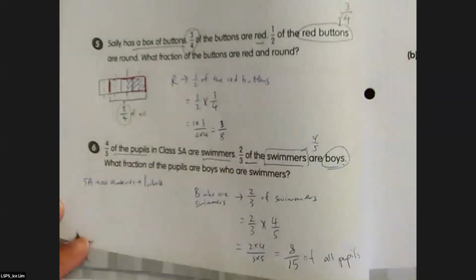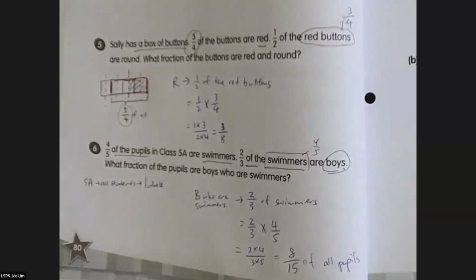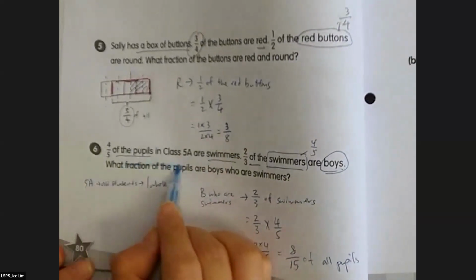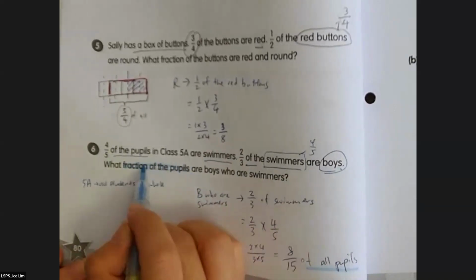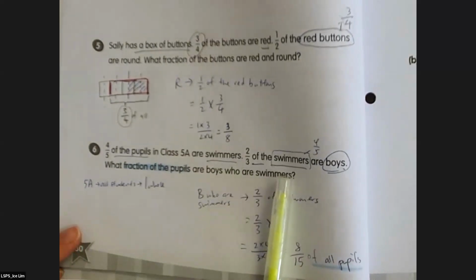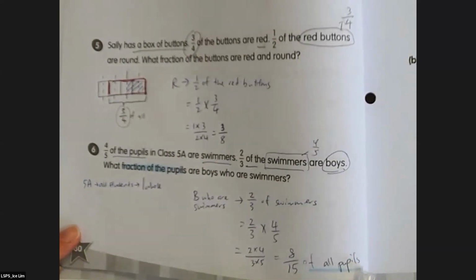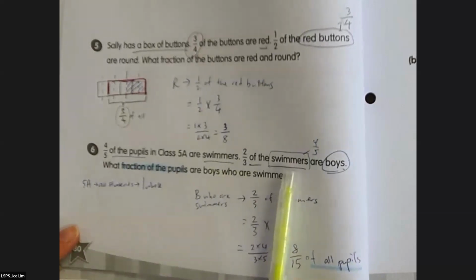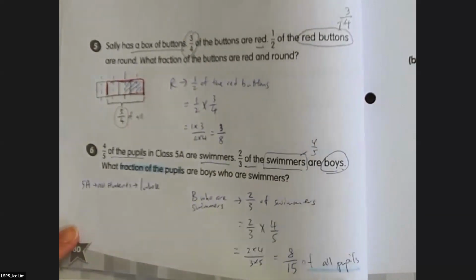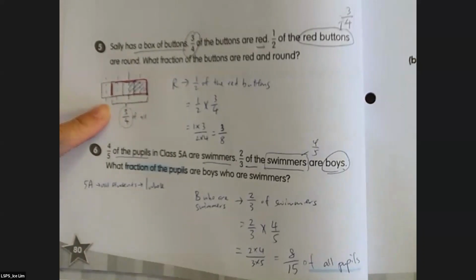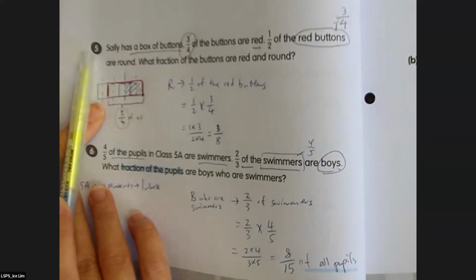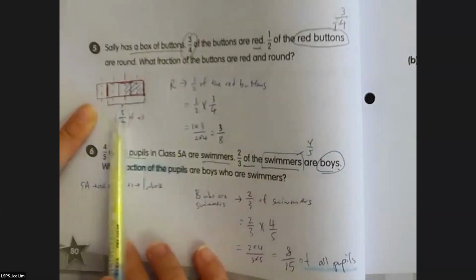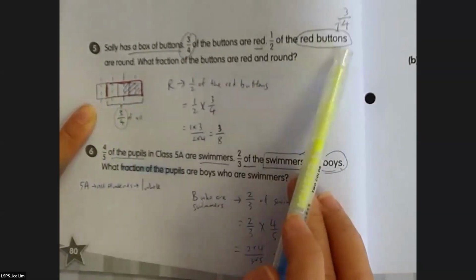So this is the part of all pupils. From 2/3, we change it to 8/15 of all pupils. The 2/3 of the swimmers are actually 8/15 of all pupils. The same as for question 5: 3/4 of the buttons are red, half of the red buttons.